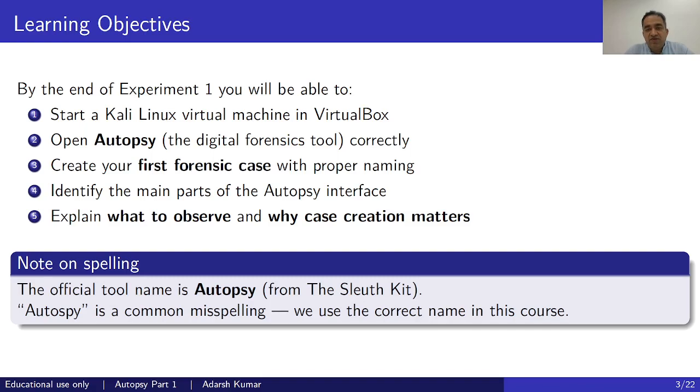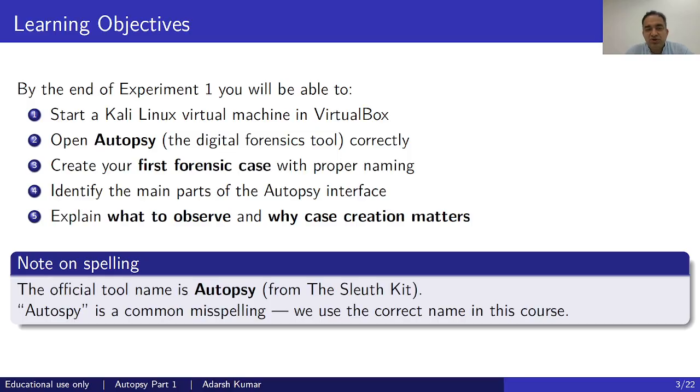Fourth, you will identify the main parts of the Autopsy interface so the screen does not feel confusing. Fifth, you will be able to explain what to observe during case creation and why that step actually matters in forensics.